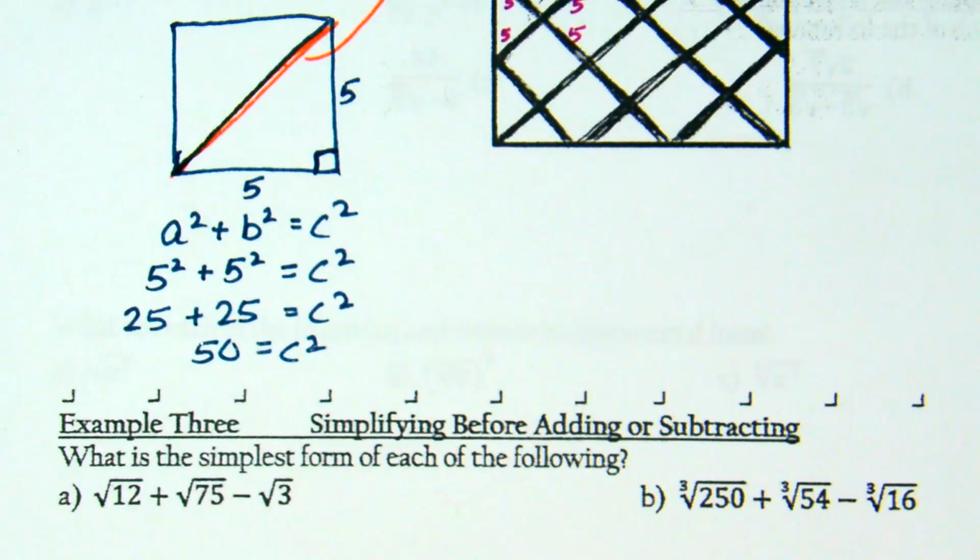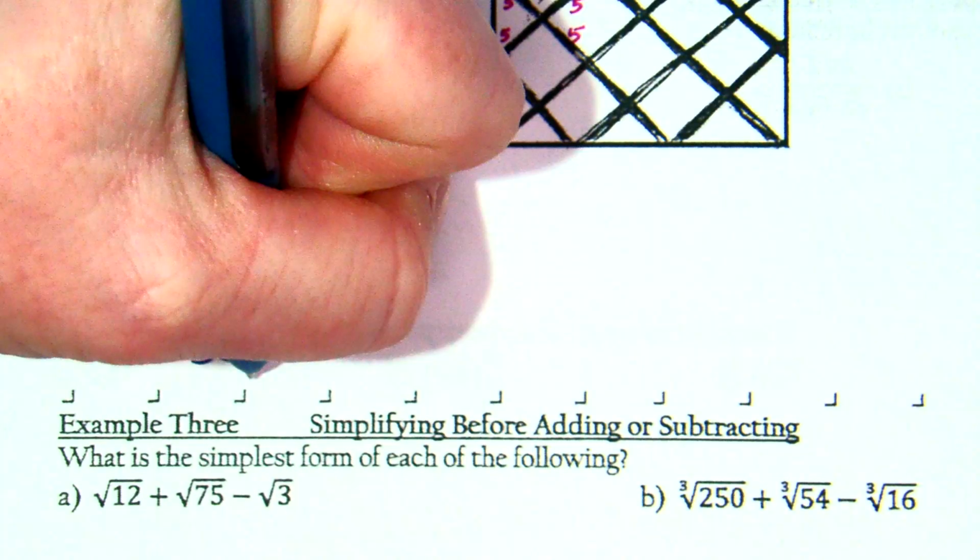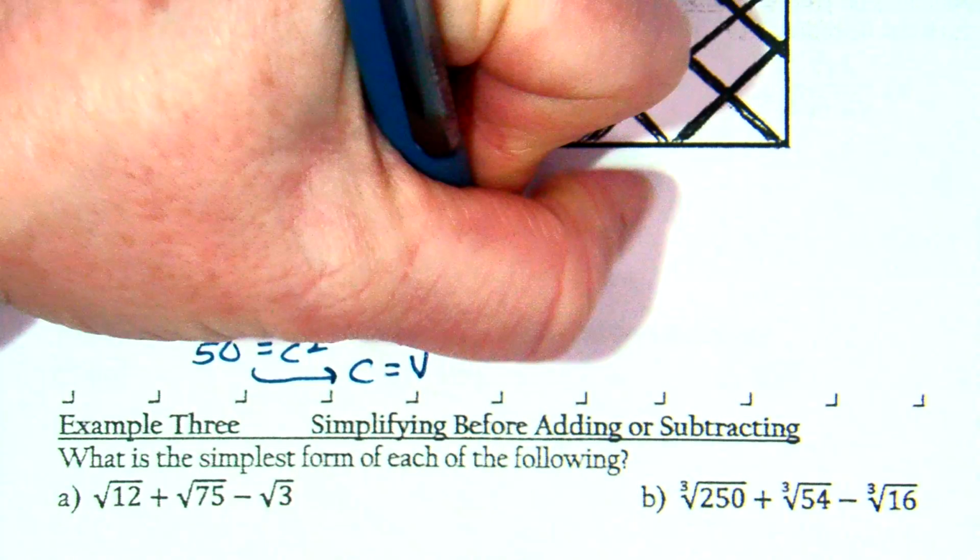So if C squared is 50, then we're going to take the square root, and C is the square root of 50. Not a perfect square.